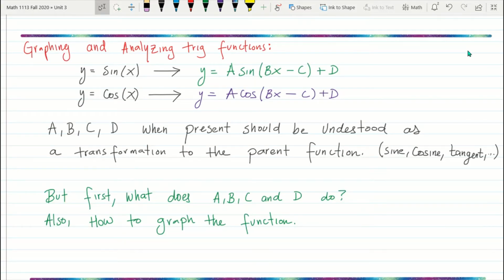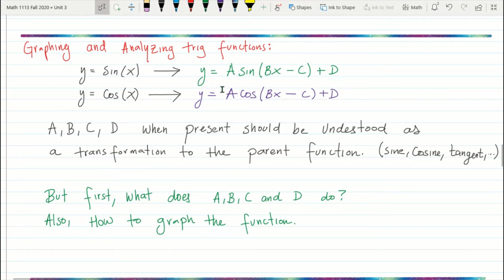The next thing that I want to do is some kind of general analysis on the functions sine and cosine. And what I propose is that the functions we analyze are just the simplified versions, which are sine of x and cosine of x. It's good to be aware that there could be other numbers involved in the function, right?